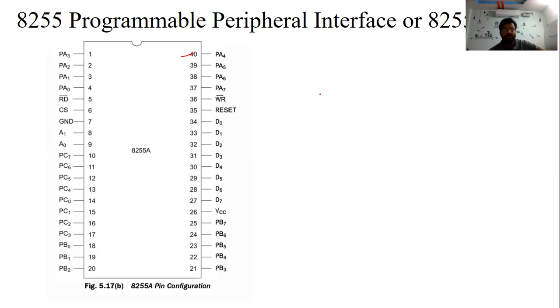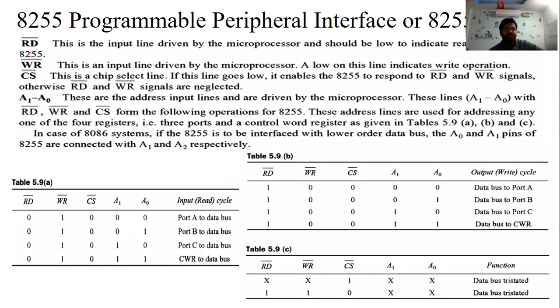In the last class we already drew the simplified version of the pin diagram. You know what RD bar is: read control, write control, chip selection logic, and A1, A0, nothing but address lines. All these are used to control and operate the 8255 PPI.